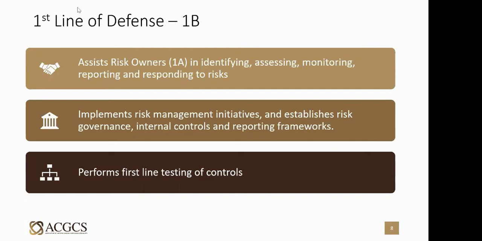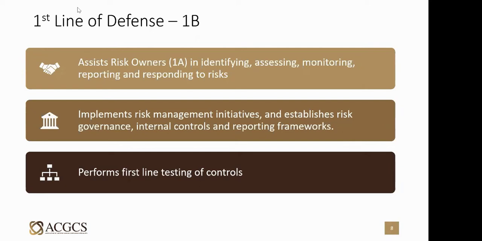They create a bridge between first line and second line, as 1B works very closely with second line to ensure that any risk management initiatives, any projects, any governance structures that are required to roll out a different product or some services or a specific campaign, they help analyze what those initiatives and requirements are, and they create a bridge. So the 1B is very important in creating that communication with the second line.